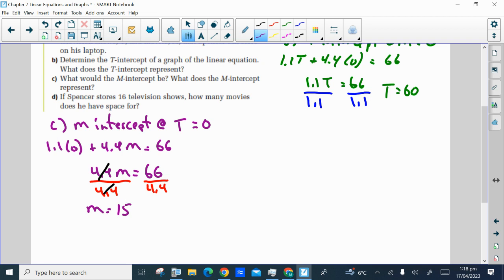So what does that tell us? If he downloads 0 TV shows, he can download 15 movies. So we'll write a statement for both.